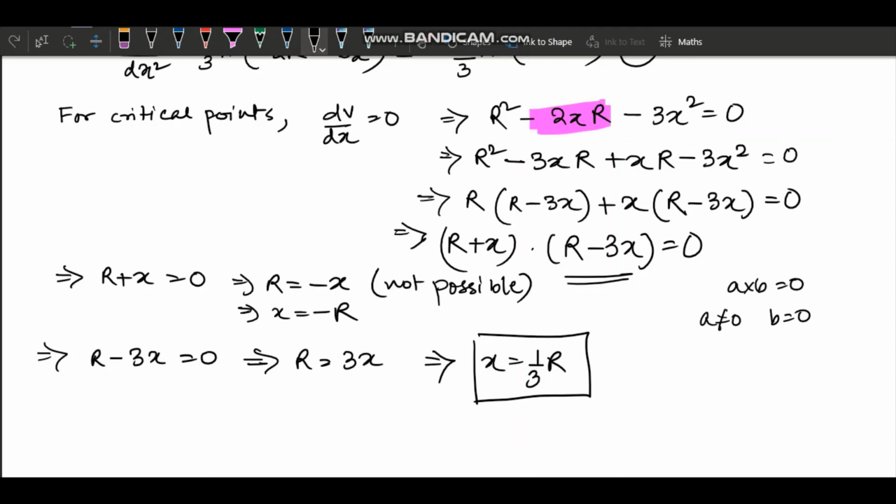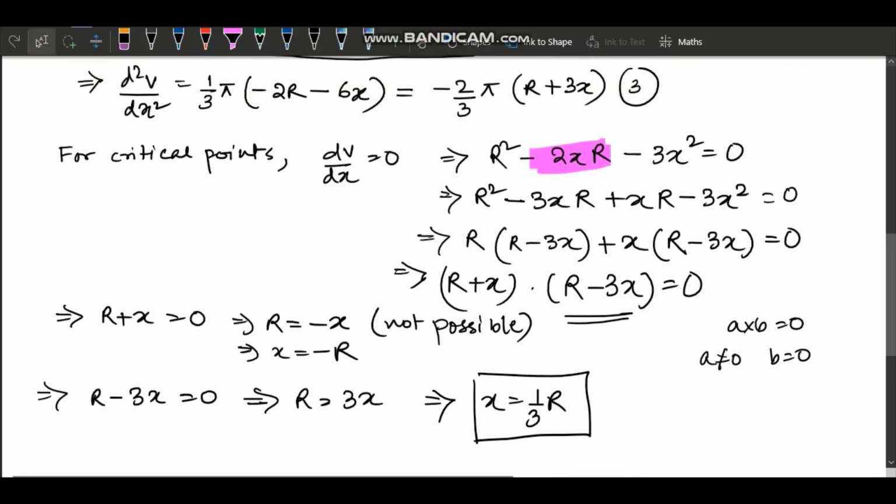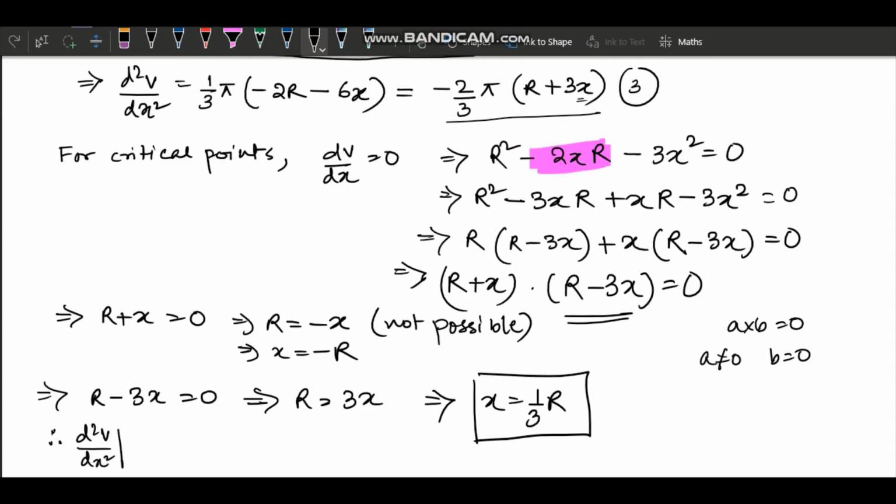Now you have to find out the value of the second order derivative when x is equal to 1 by 3r, and whatever I told you here, whatever be the value of x, this is coming out to be negative. Still we will find d2v dx2 when x is equal to 1 by 3r.